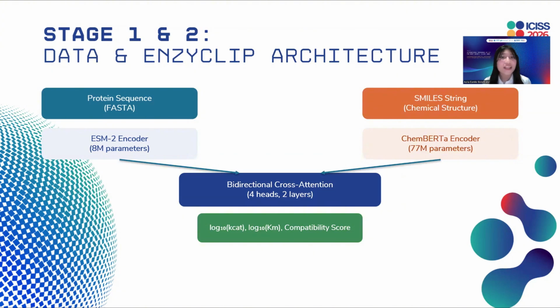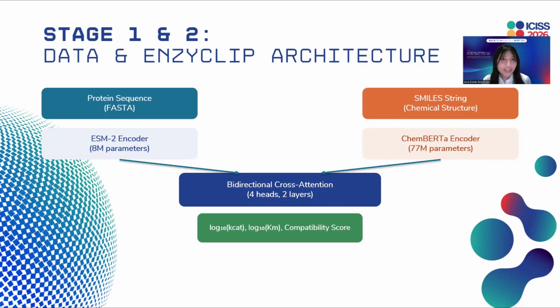Protein sequences are fed into ESM2, an 8 million parameter model, while the ingredient's chemical structure, which is represented as a SMILES string, goes to ChemBERTa, a 77 million parameter model. Both outputs are projected into the same space and fused using cross-attention. This ensures the final representation captures the actual molecular interaction rather than just stapling two separate summaries together.